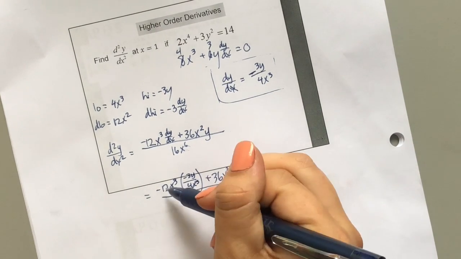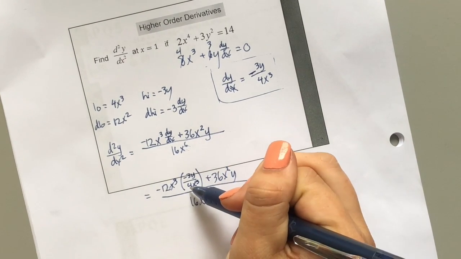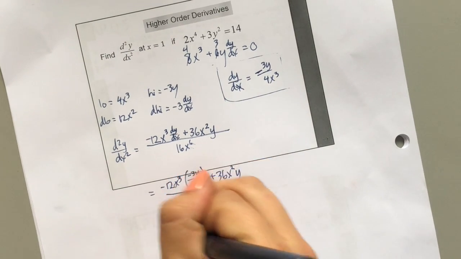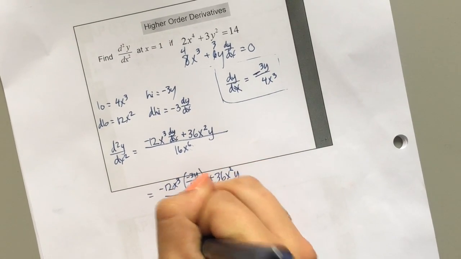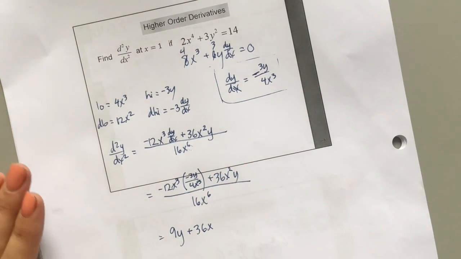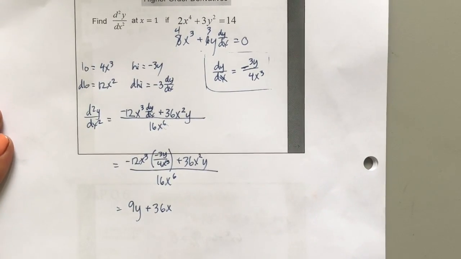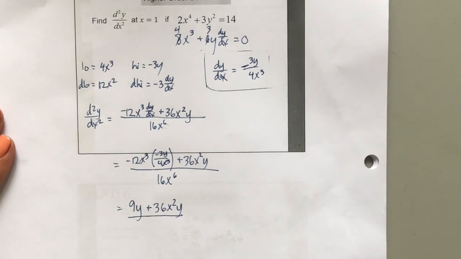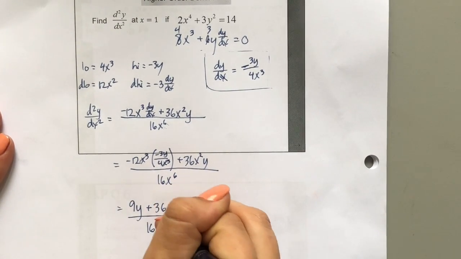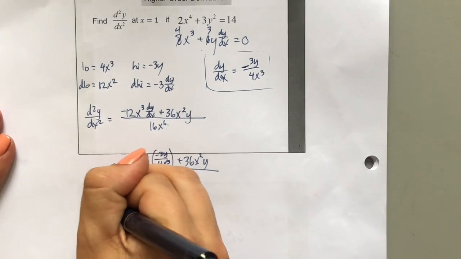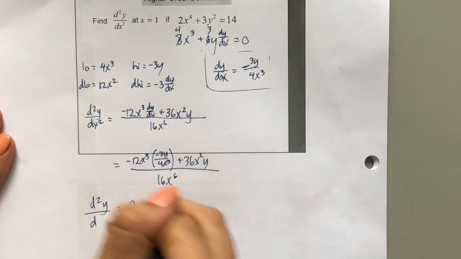Those just cancel. 12 divided by 4 is 3 times 3 is 9, and it's going to be positive. 9y plus 36x squared y all over 16x to the 6th. There's no common factors across all 3 terms. That's my final answer.